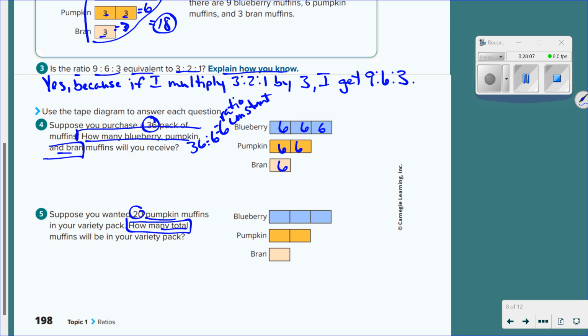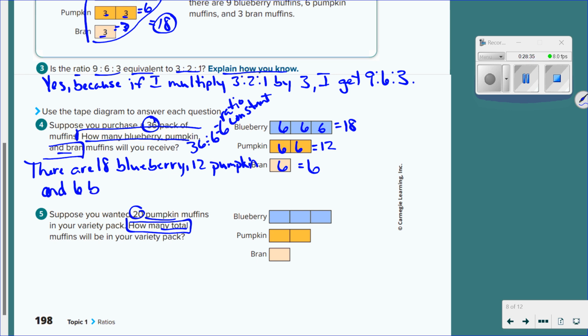That's what makes it a constant. Now I just put them together. 3 6s means there are 18, 2 means there's 12, 1 means there's 6. So, to answer my question, there are 18 blueberry, 12 pumpkin, and 6 bran muffins. Understand now?